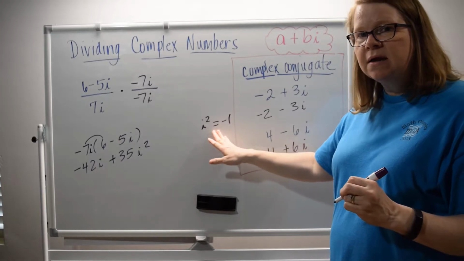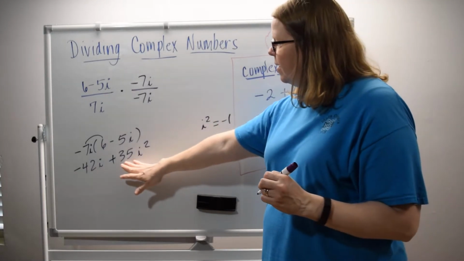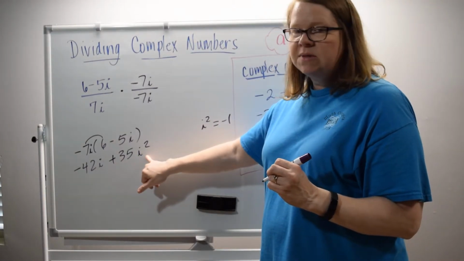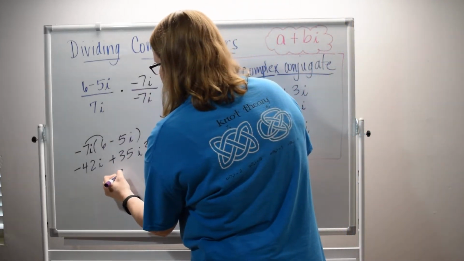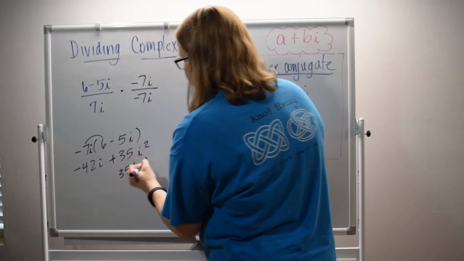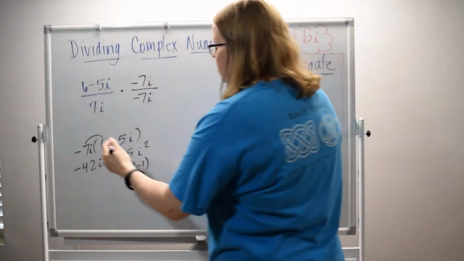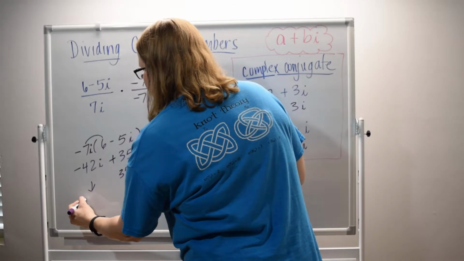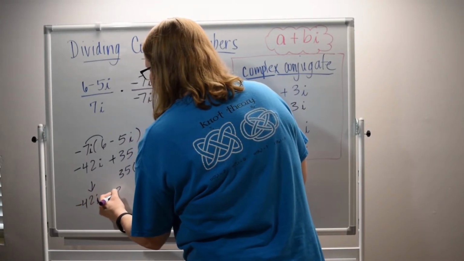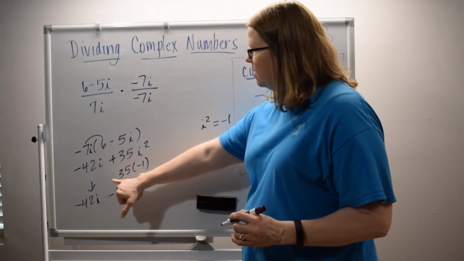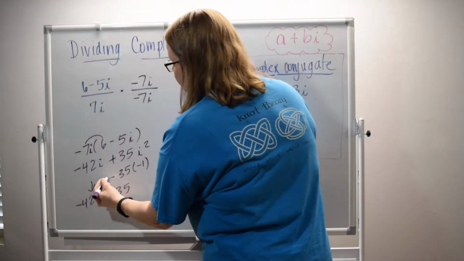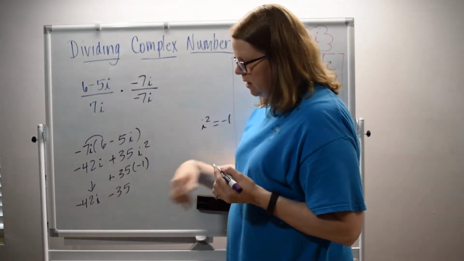So that means this is 35 times i squared, which means this is 35 times negative 1. Well, positive times negative is negative. So I really have negative 42i minus 35, because this positive 35 times a negative 1 is negative 35.